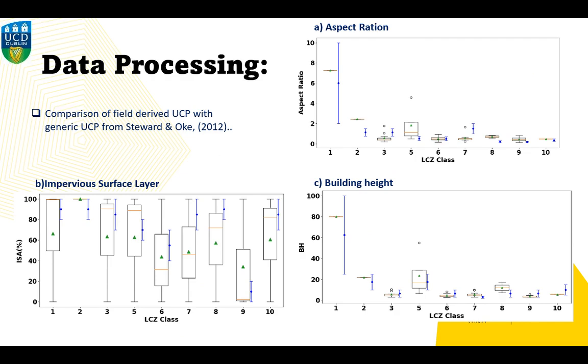Then we compare these values with the range of values that we have for the local climate zones from Stewart. The impervious surface fraction we couldn't derive in the field, so we use the global map of impervious surface area, and we also compare that with the blue error bars, which are the range of values we have for the local climate zone generic pattern.